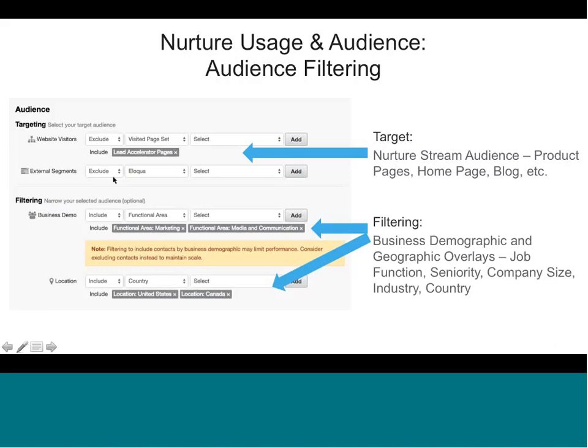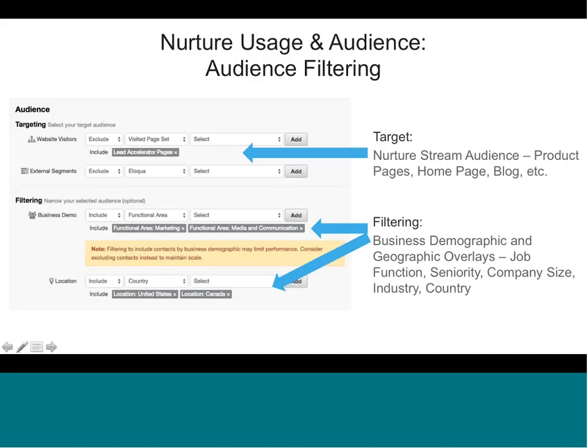In this example, I have an include of functional area equals marketing and functional area equals media and communication. What I would recommend is either remove these business demographics altogether, or if you really don't want specific audiences, use the exclude feature.